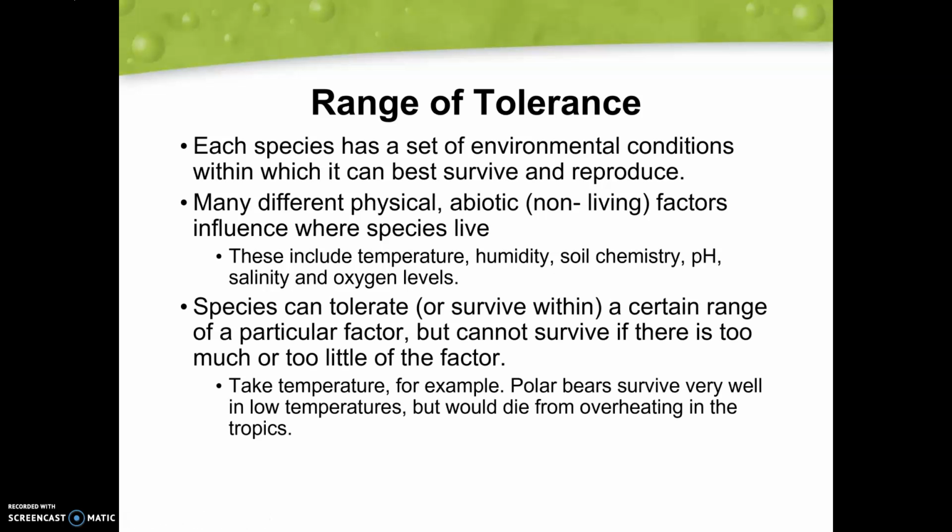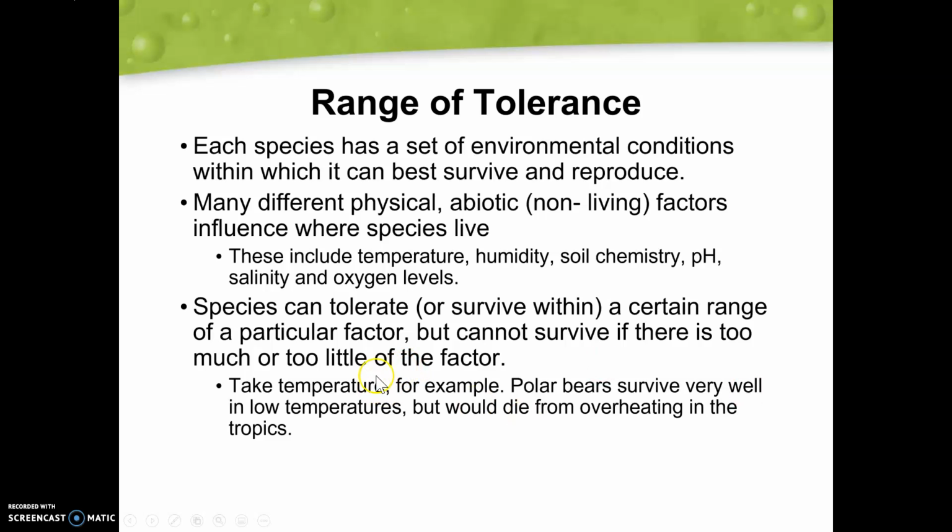But when those are interrupted, we can see that species can actually tolerate or survive in a range of different conditions. So if the conditions are too bad that they cannot survive, then we'll see a difference here. So it has to be just right.